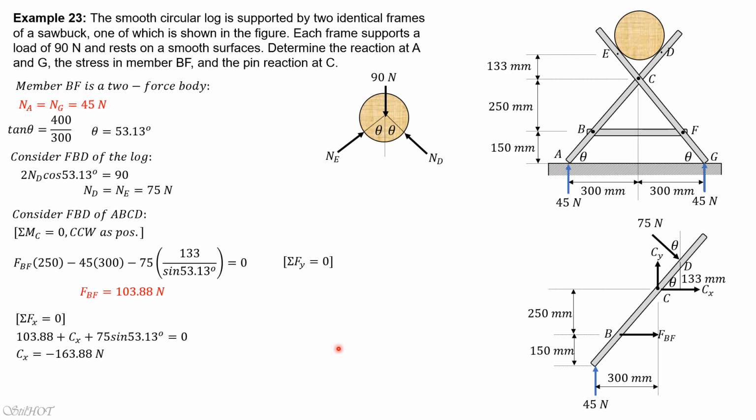Summation of forces in y equals 0: 45 plus C_y minus 75 cosine of 53.13 equals 0. So C_y is 0. Therefore, the reaction at C is 163.88 newtons. So that's the reaction at C. That's it.